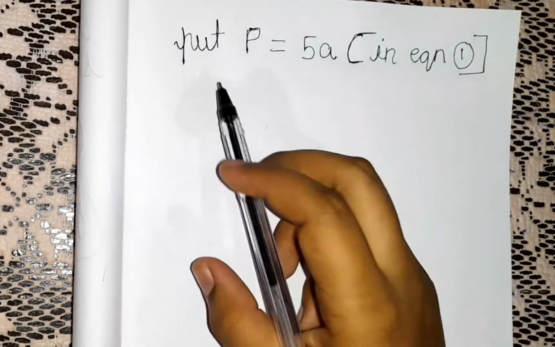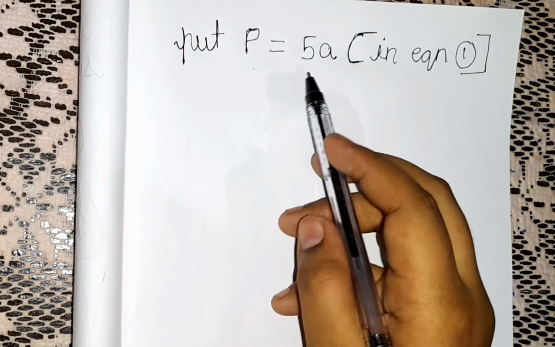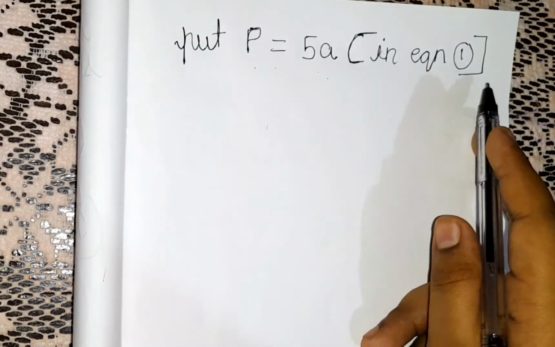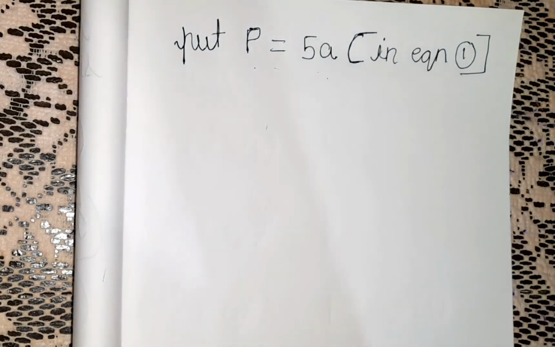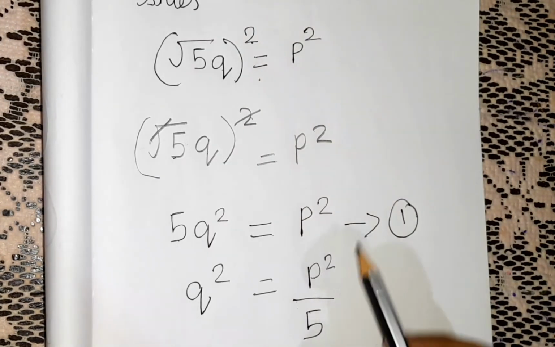Wherever you get p, you should put 5a from equation 1. Now let me show the equation 1. So this is the equation 1.